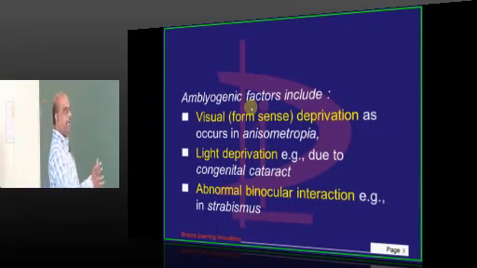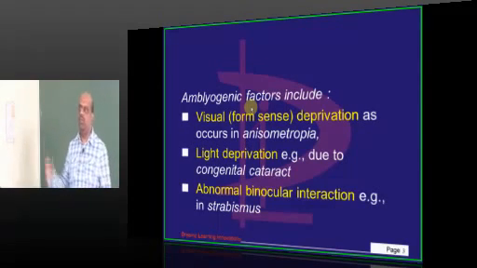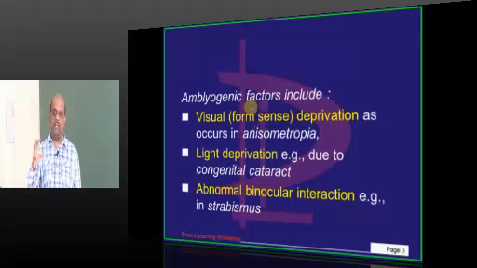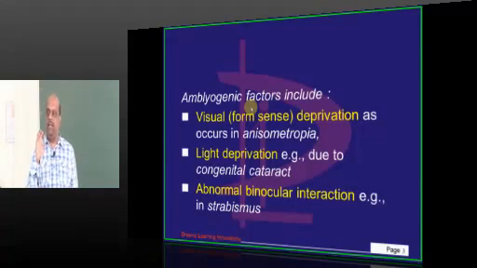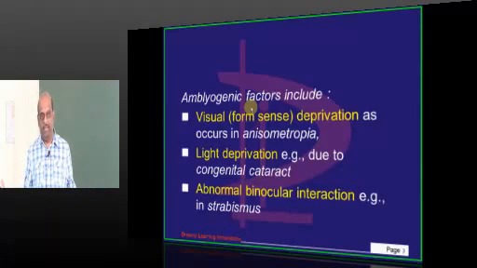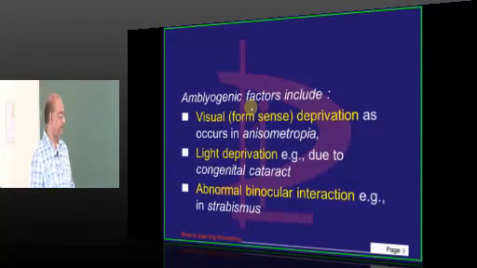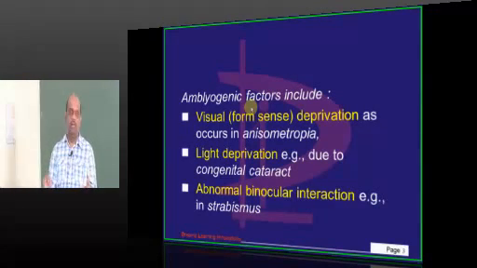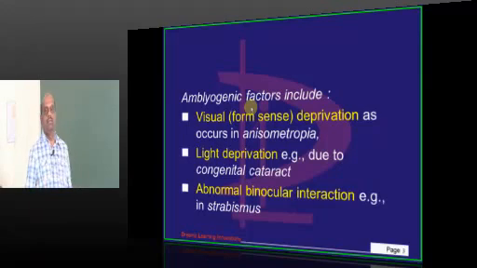So what are the amblyogenic factors which will make our visual cortex stop perceiving a retinal image and lead to visual disturbance? Number 1, any visual deprivation.